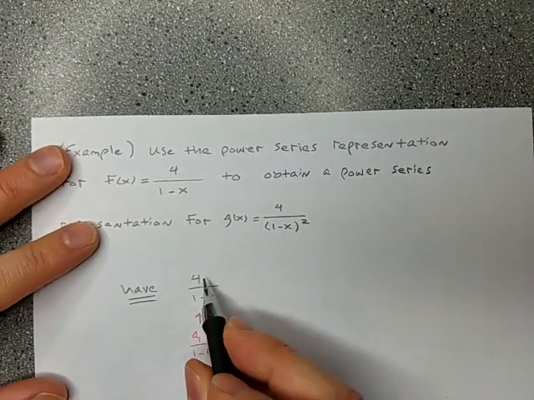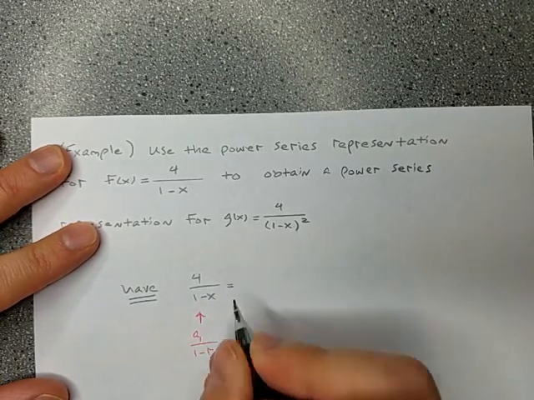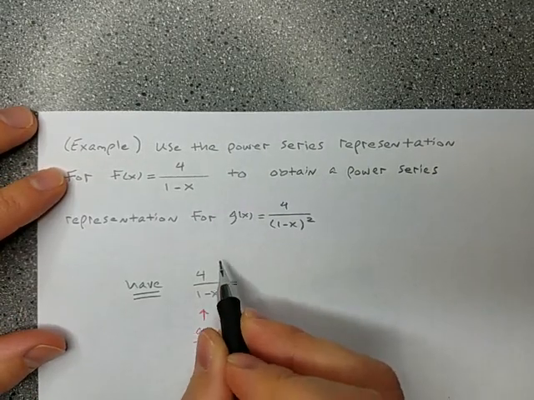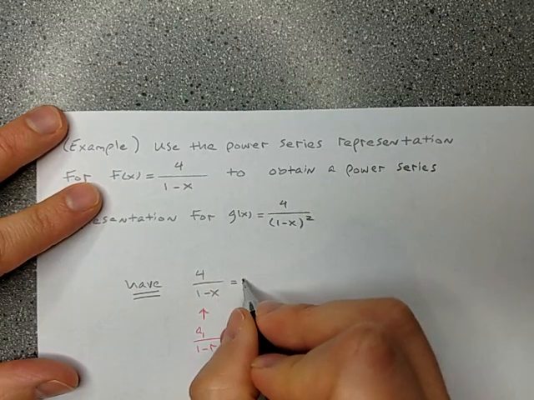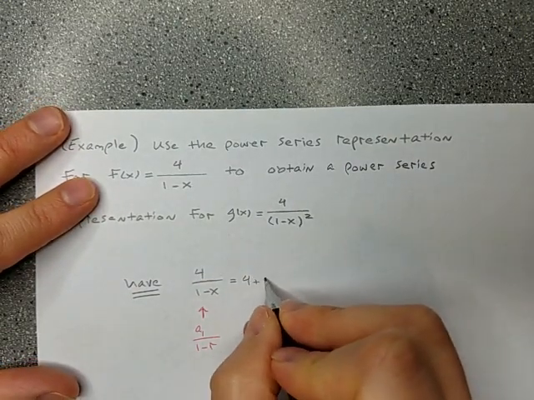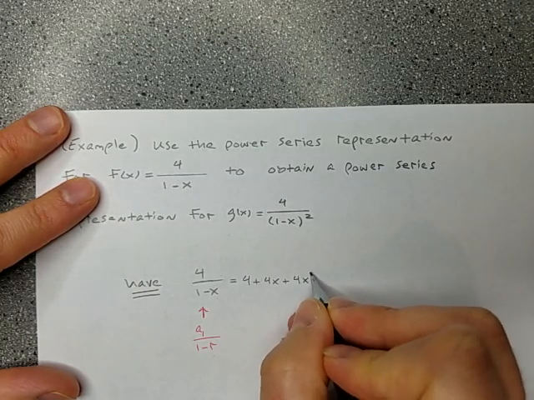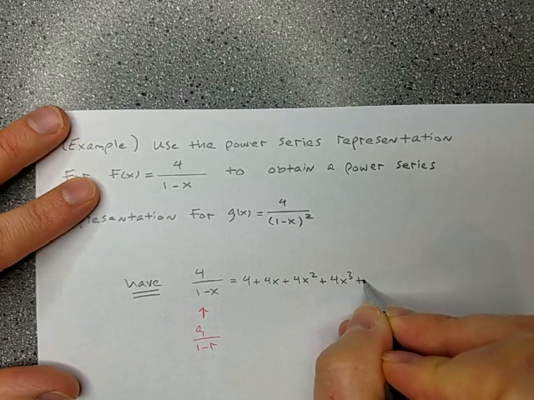It looks like a over 1 minus r. In fact, a geometric series with first term 4 and r equal to x would converge to this. So that means it comes from the series 4 plus 4x plus 4x squared plus 4x to the third, you get the idea.